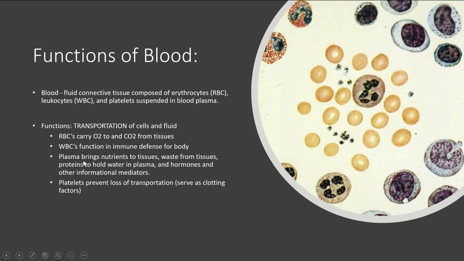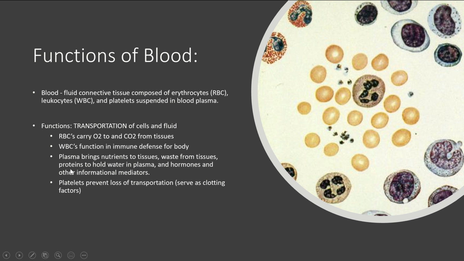And then you've got your plasma. So that's kind of the liquid pool that all of these cells and chunks of cells are sitting in. And so that is where a lot of those proteins are going to be dissolved. So things like glucose, those nutrients, are going to be dissolved in that plasma. Waste from those tissues, so things like urea, right? Urea that ends up in your urine.